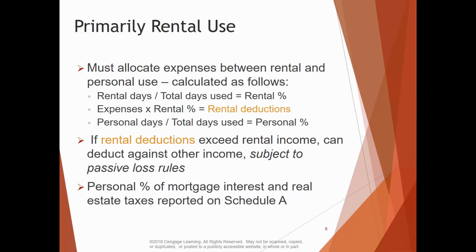And this is where you get into the, this is kind of a hard thing to introduce, but these passive loss rules. And there's no way to make this easy, so I'm just going to try and give you a broad brush stroke. Do you remember there were 3 kinds of income we talked about in Chapter 2?